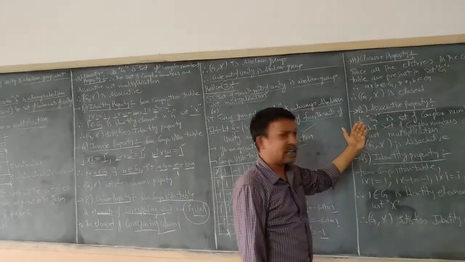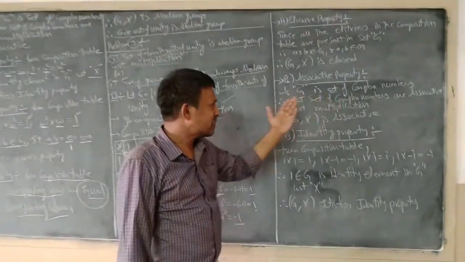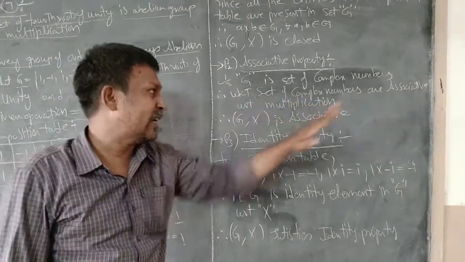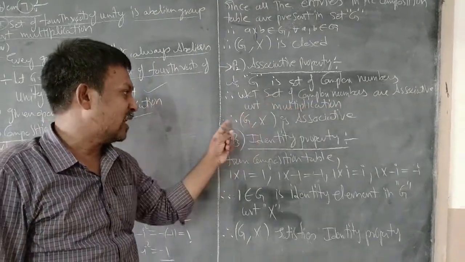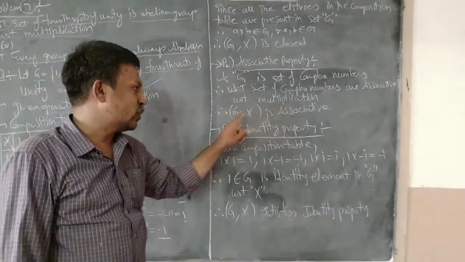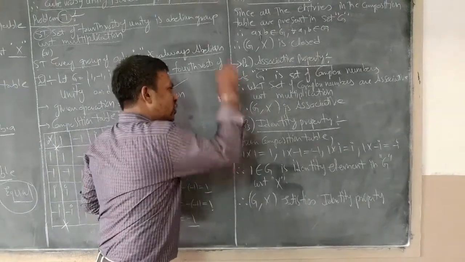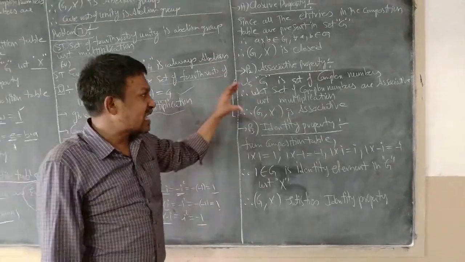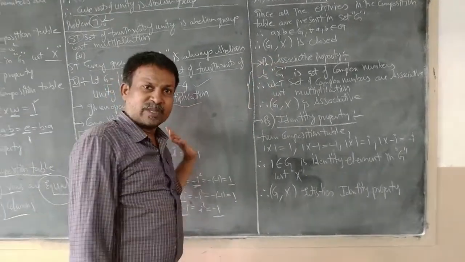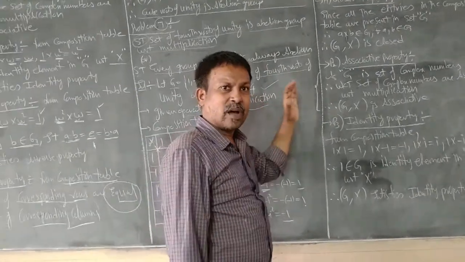G is a set of complex numbers, and we know that the set of complex numbers is associative with respect to multiplication. Therefore, (G, ×) is associative. See how clearly and precisely we have proved the associative property, by observing the properties of complex numbers and the entries of the composition table.